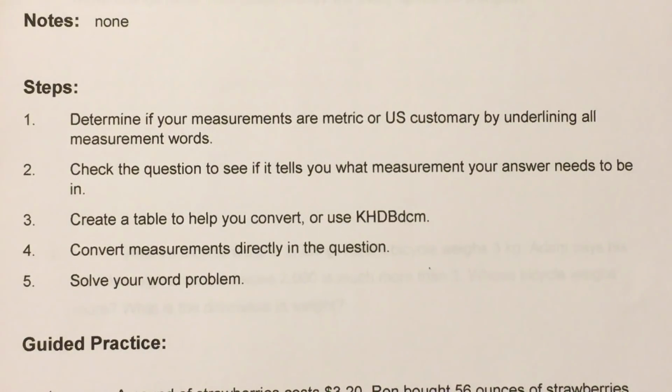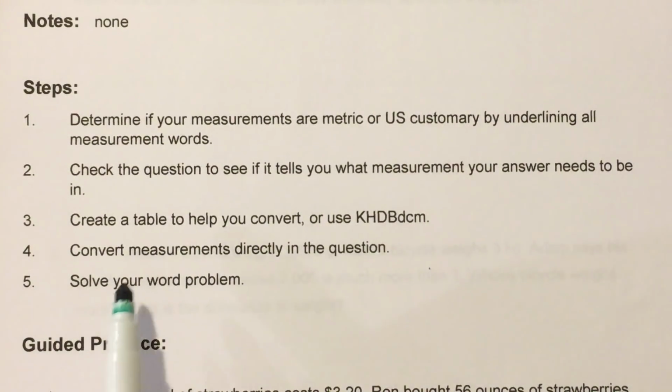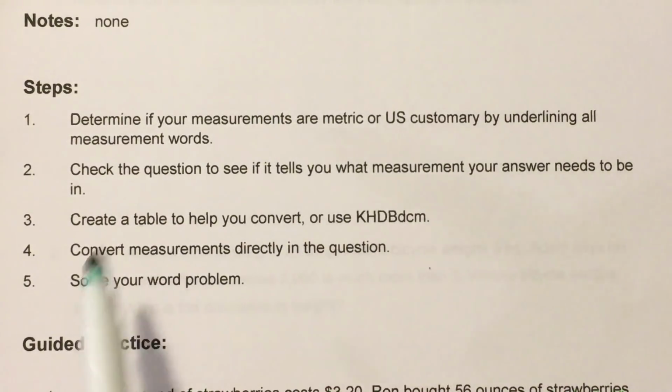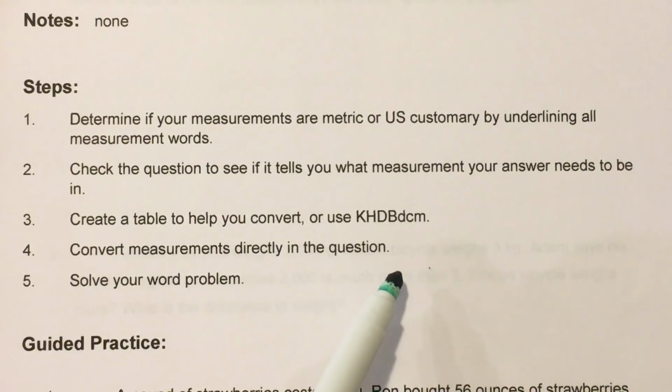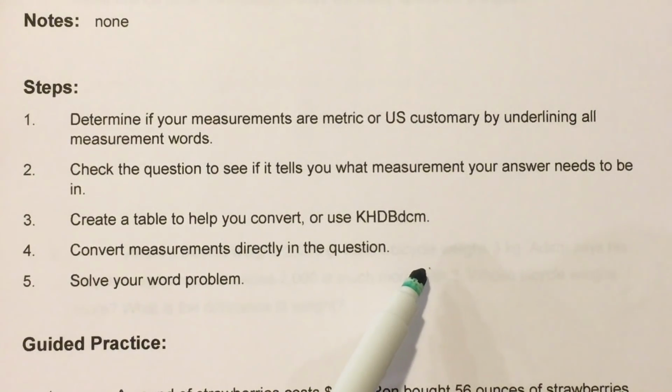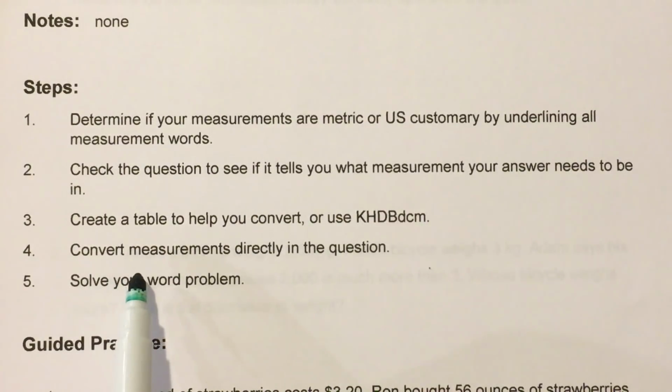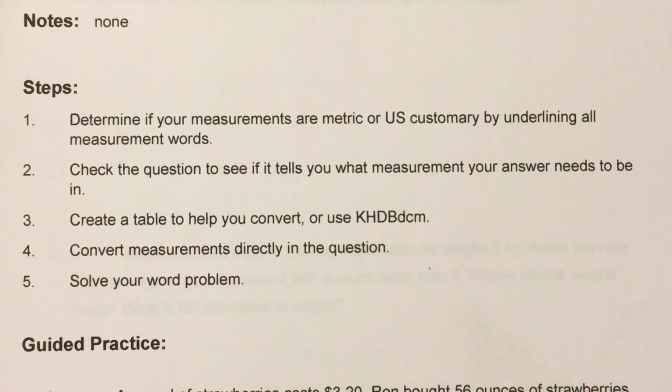Once we've done that, we are either going to use a table to convert. We're going to do that if we're using pounds and ounces, or we're going to use King Henry Died By Drinking Chocolate Milk. Once I've made my conversion, I am going to change it directly in my question, and then I'm going to solve these very difficult multi-step problems.